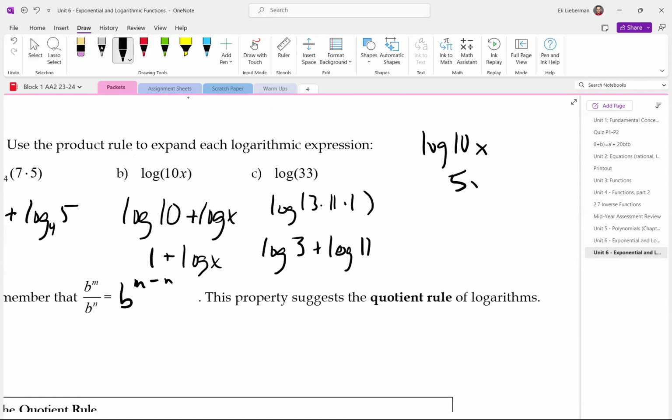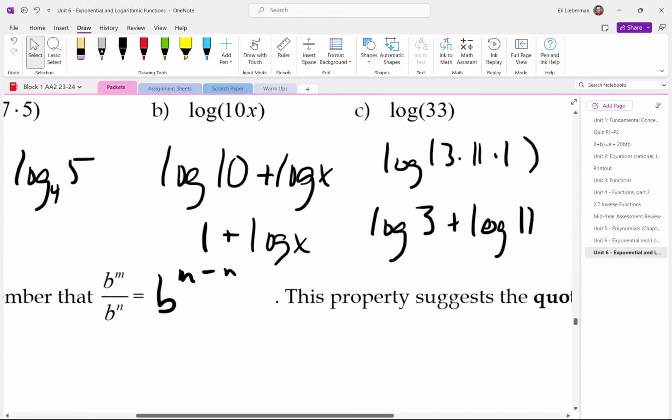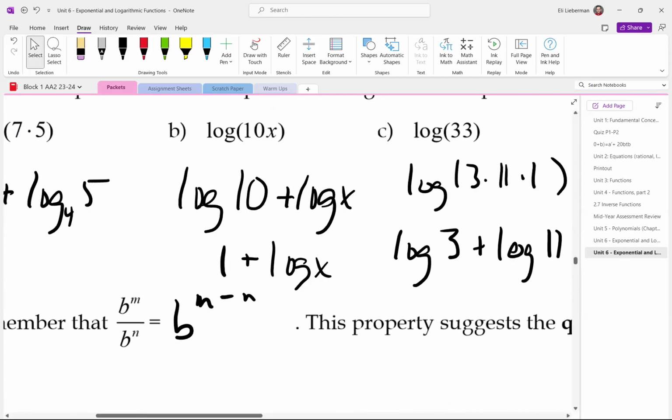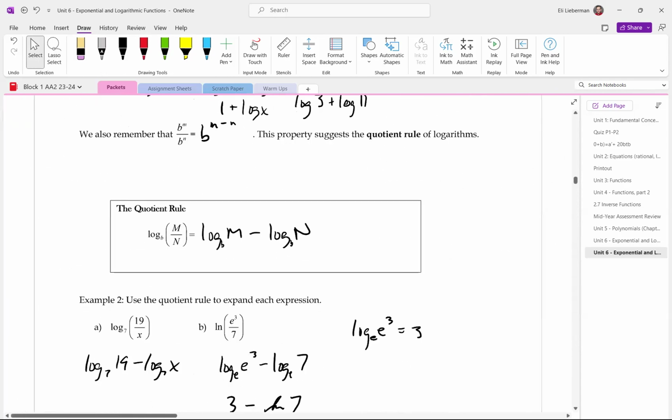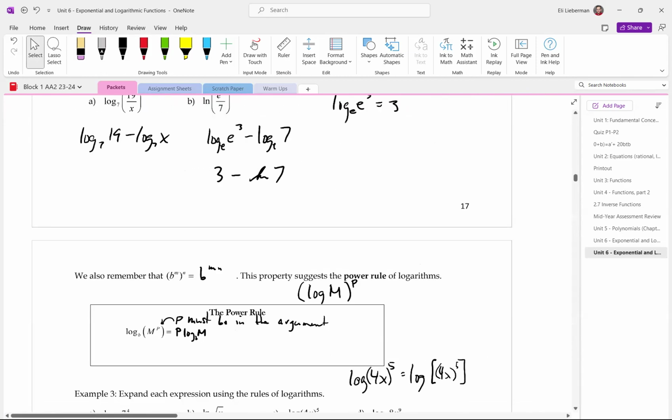This is the same thing as saying like 5x. It's just a number times x, but we need the parentheses to make it clear that 10x is the argument. These are great questions. Thank you for these.